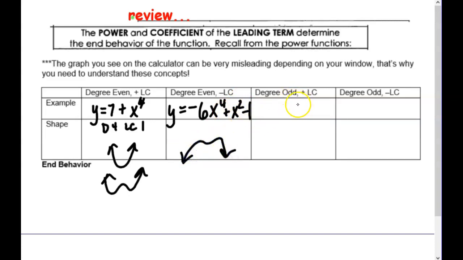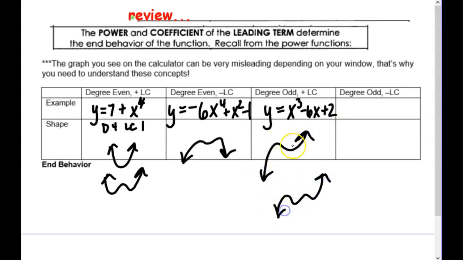Odd degree, positive leading coefficient, like y equals x cubed minus 6x plus 2. I'm just making junk up, but the left end is down, right end is up. And depending on the degree, it could have lots more wavy stuff going on in the middle.